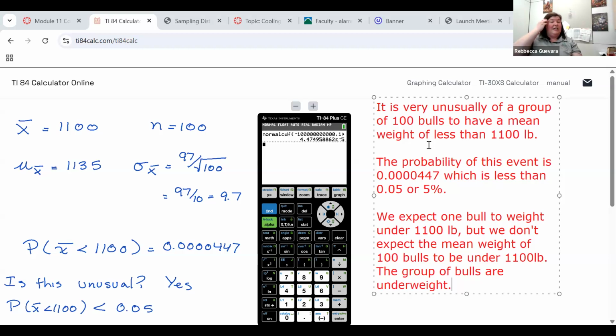There's something causing that to happen that I need to look into, but this is part of what we do when we look at sampling distributions: we're trying to assess when something is really weird, because when something is weird, that's when I really need to look at it. Would I expect my 100 bulls to have a mean weight under 1,100 pounds? I don't. That means I have to go back and figure out what's going wrong that's causing my bulls to be underweight.